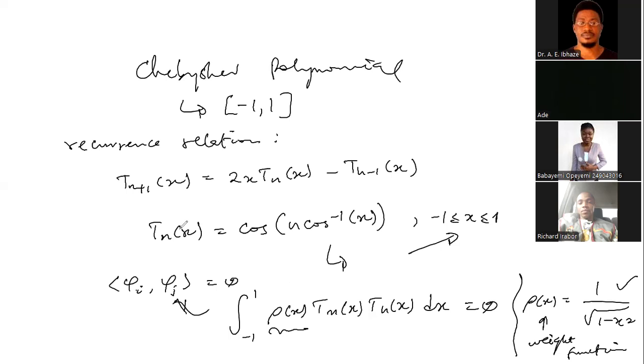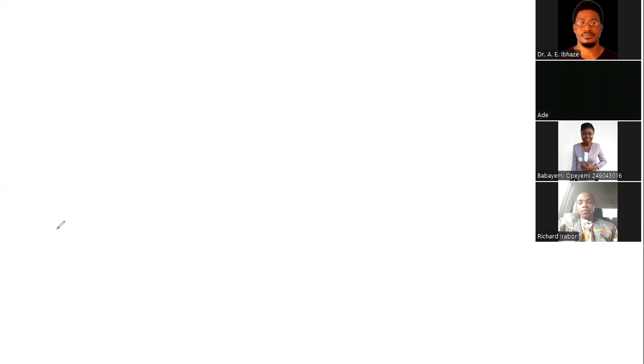And another thing I want to mention is that although the Chebyshev polynomials are defined within the interval of -1 to 1, like I mentioned earlier, we could also adapt the Chebyshev polynomial to some other intervals beyond -1 to 1 by performing some kind of linear transformation.